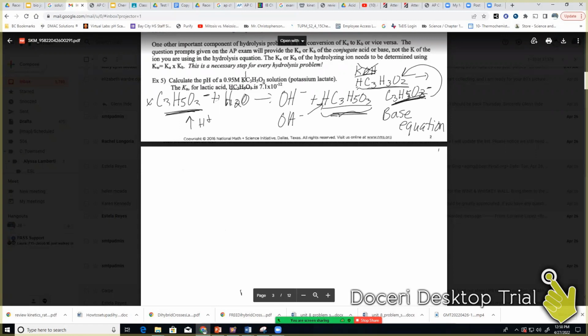All righty. So my first thing I'm going to do is I know I'm going to need my Kb. My Kb is going to be equal to 1 times 10 to the negative 14, which, if you forget, like I seem to be forgetting today, is on your green sheet.